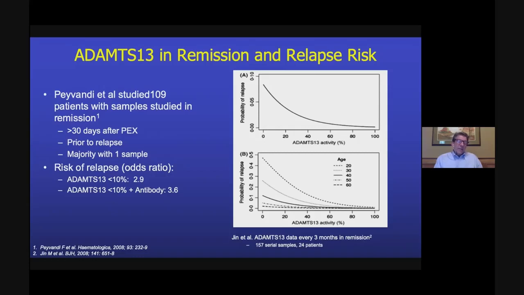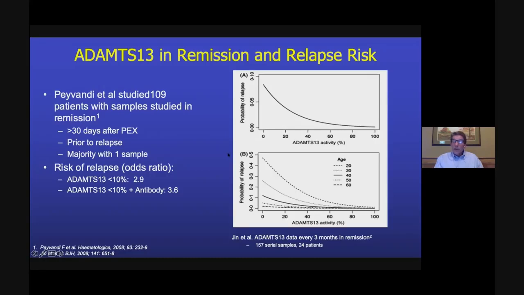And what they found is if your activity was less than 10%, about a 3 times increased risk of getting a relapse. And that risk goes up a little higher if you have the low ADAMTS13 and you have the antibody.